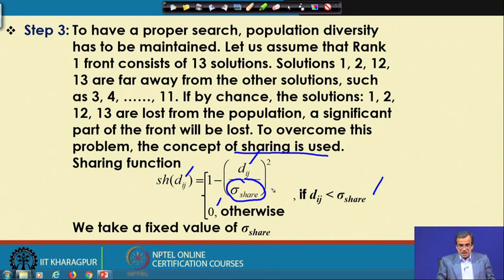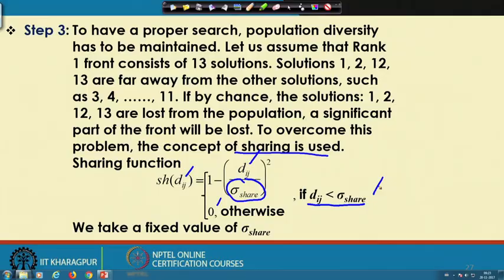Now, I am going to discuss this after some time in more detail, but for the time being, let me see, if I know the distance between the 2 points i and j, how to determine this sharing function value. Here I just want to mention, if the distance is less than sigma_share, the predefined fixed value, then only will I get some non-zero value for the sharing. But if the distance is greater than or equal to sigma_share, that means the 2 points are too far, then the sharing between them will be equal to 0.